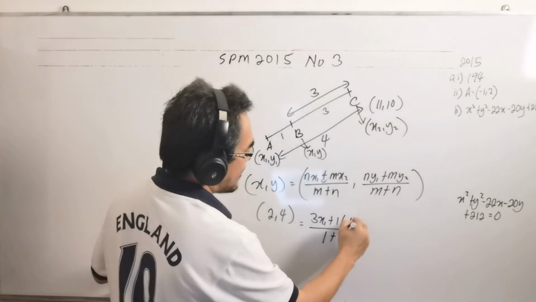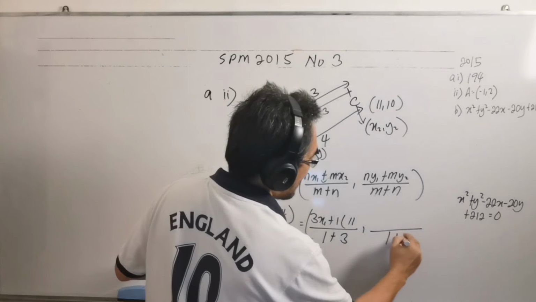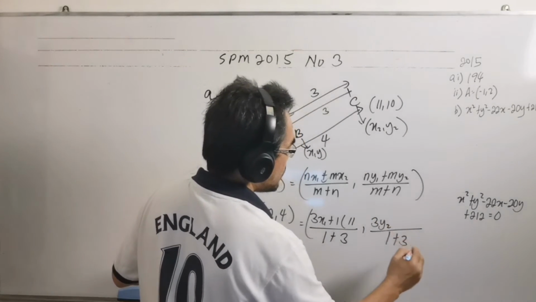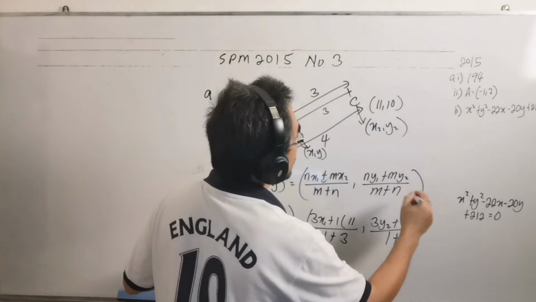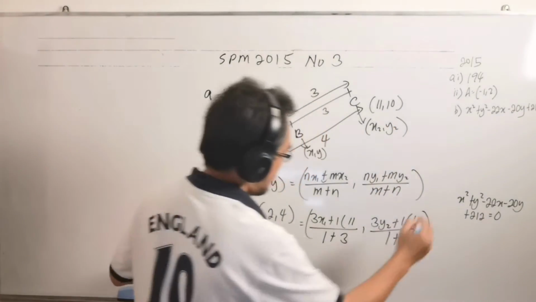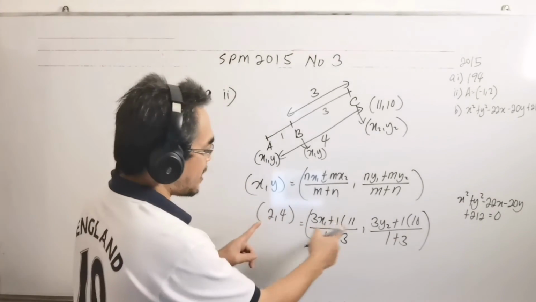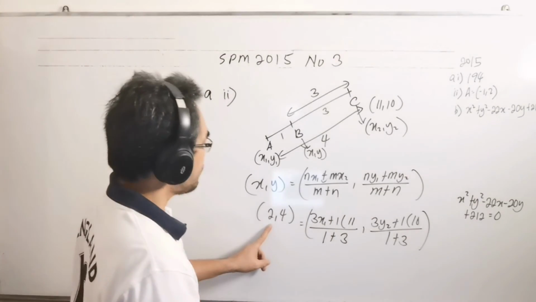So it should be 11 here. And again, 1 plus 3 for y, 3y1 plus 1 times y2, which is 10.